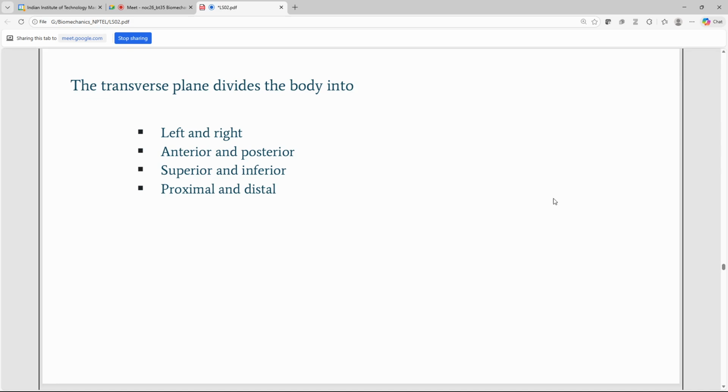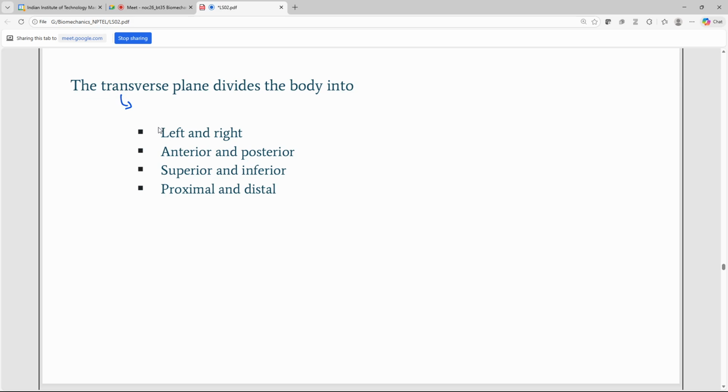Transverse simply means cross section. Perpendicular planes are called transverse planes, cutting perpendicular to the axis.